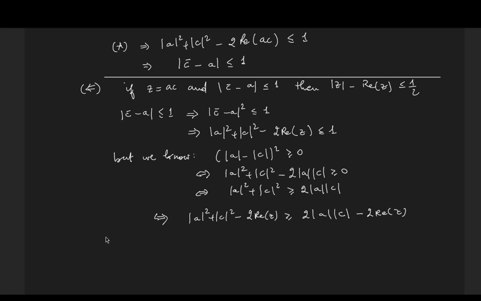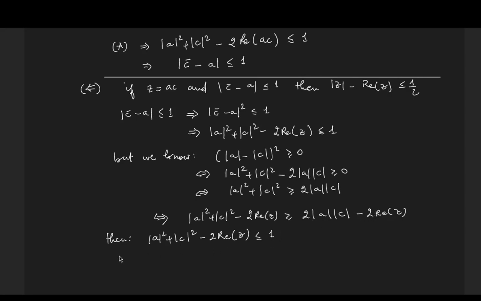Then, since |a|² + |c|² - 2 Re(z) is less or equal to 1, this is less or equal to 1, and it is greater than this part here.